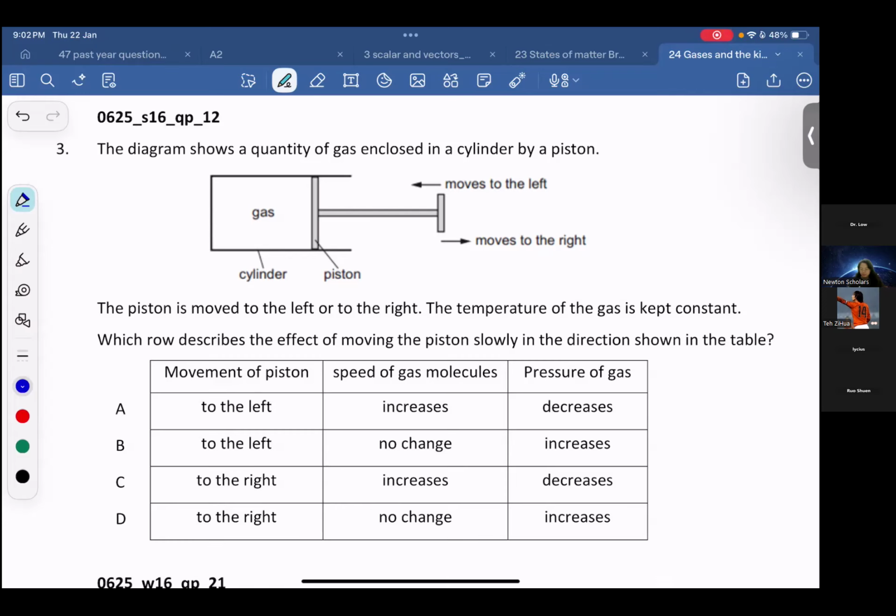Zihua, which one, A, B, C, D will be correct? It can be moved to the left or right, but then you have to match with the speed, match with the pressure. Correct, Zihua. Megan, try. Bora, do you want to try? Bora? Question number 3. What is your answer?